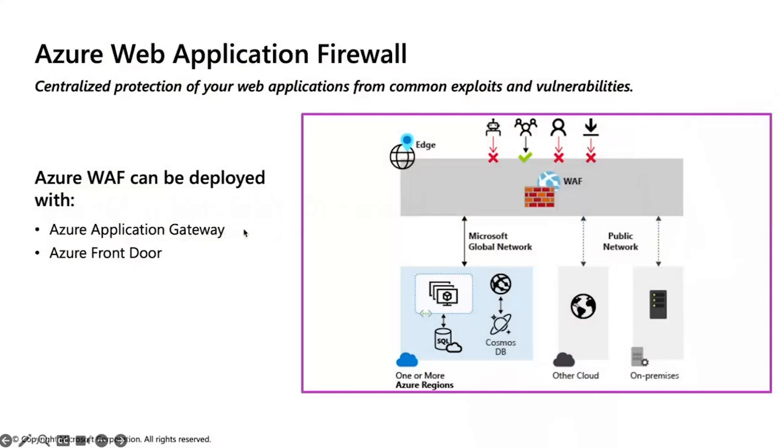First of all, Azure Application Gateway is a regional component that we can use inside a region. And we use it as a load balancer, especially for web traffic. This mainly handles HTTP and HTTPS traffic.